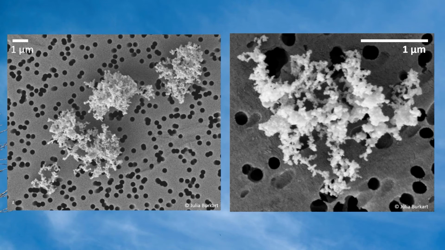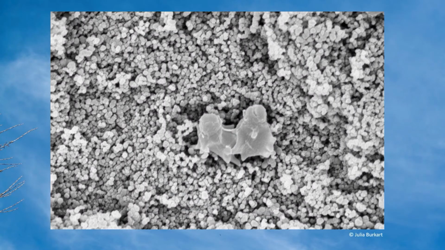On the left side you can see the surface of a hazel catkin, and on the right side the surface of the birch catkin. And clearly pollution particles are visible. Now the central question of my research is whether these pollution particles actually mix with biological matter, and if these particles also get redistributed in the atmosphere. And actually the results of our experiment showed that this is the case.